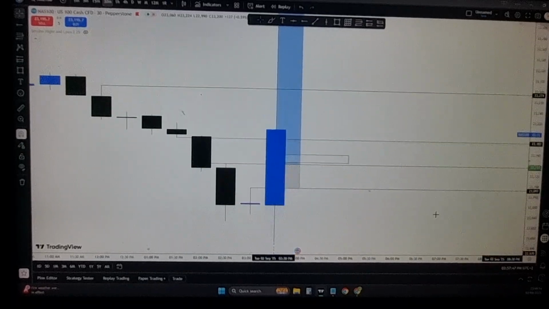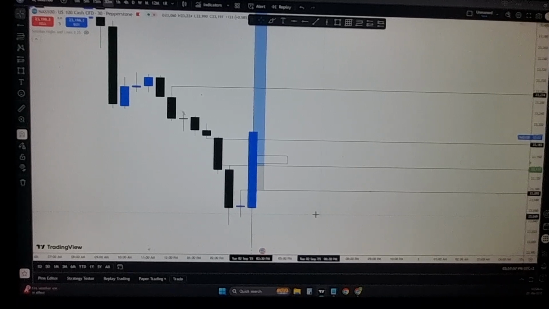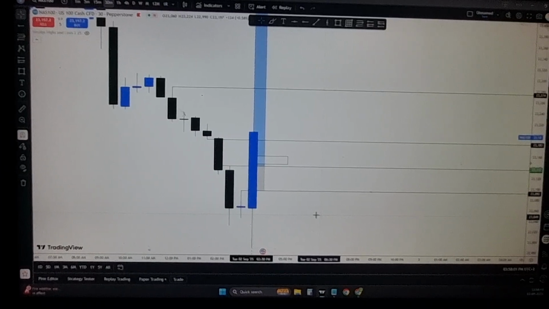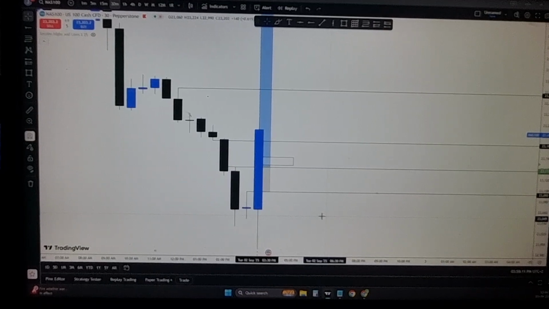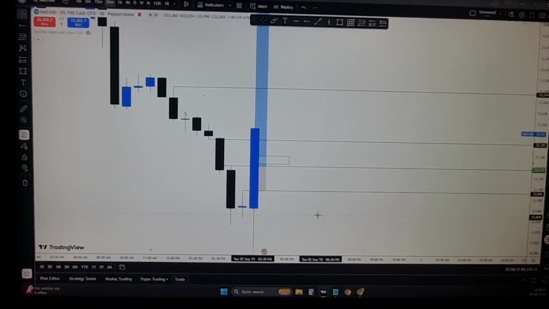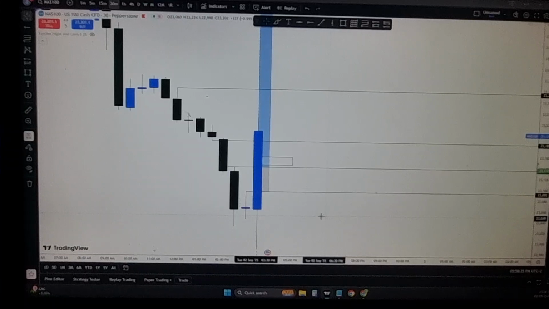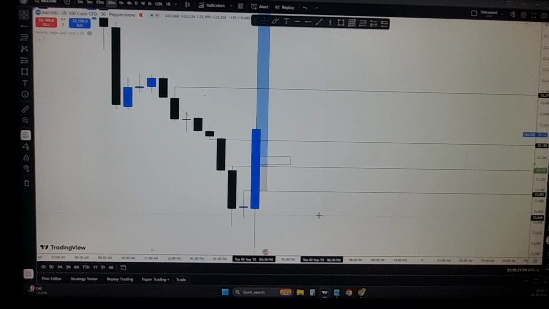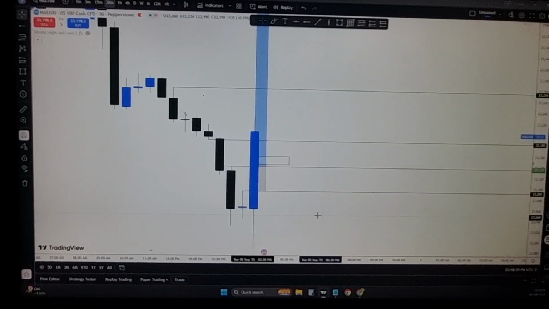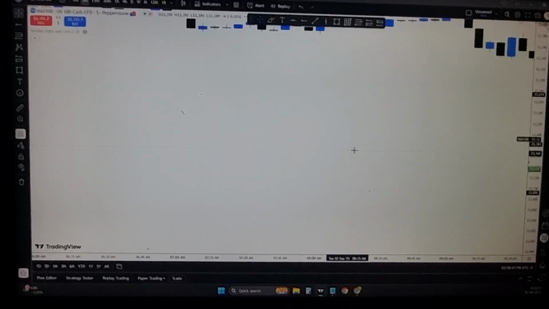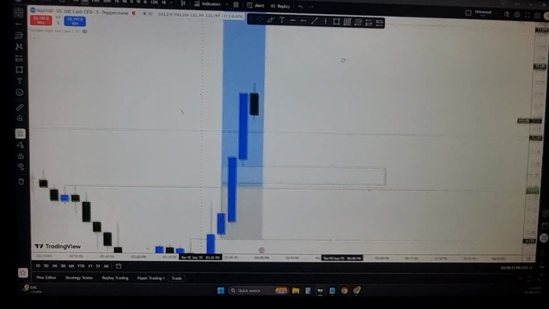We must close above this point. Two more minutes. Having a rotation.